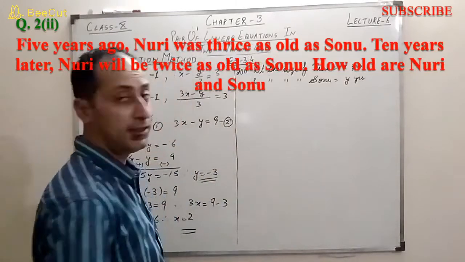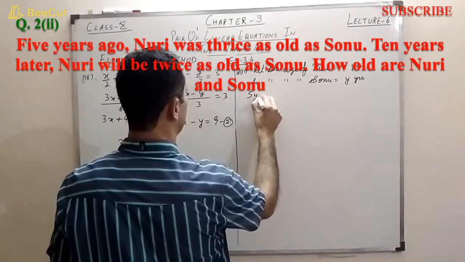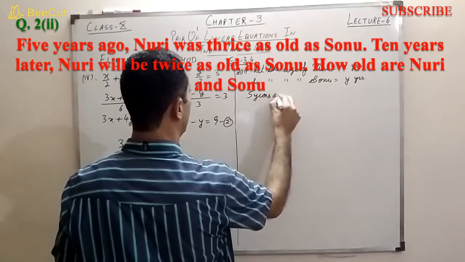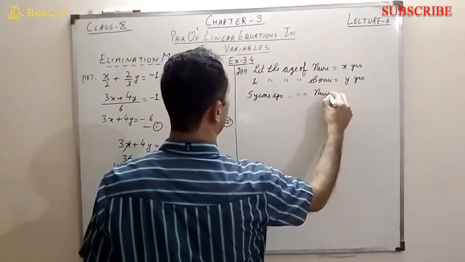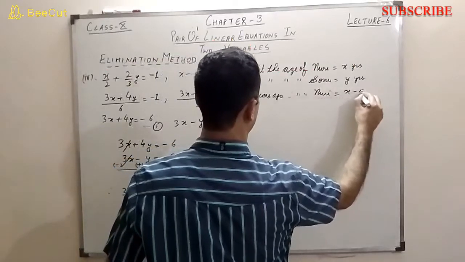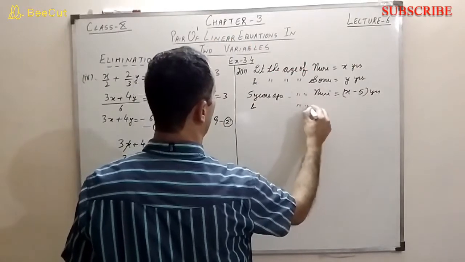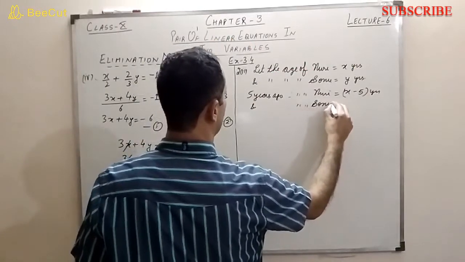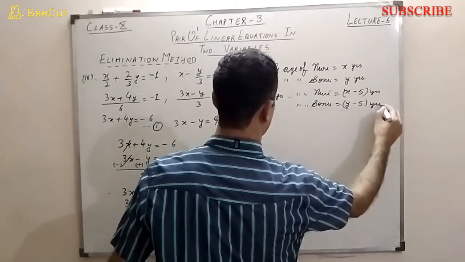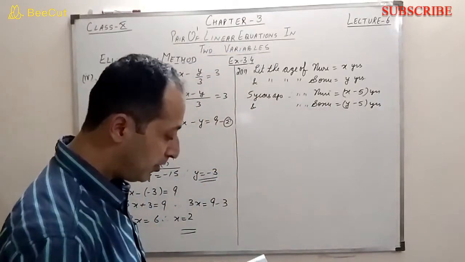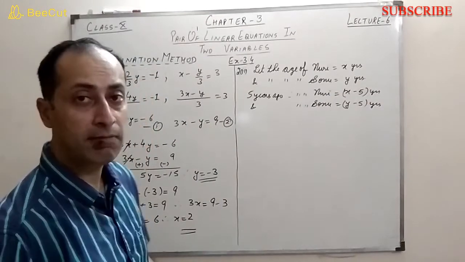Now what is given? 5 years ago. So we go back in time. Obviously 5 years ago the ages will be less. So the age of Nuri is x minus 5 and the age of Sonu is y minus 5 years. Right? Now what is the relation given to us? That Nuri is 3 times Sonu.